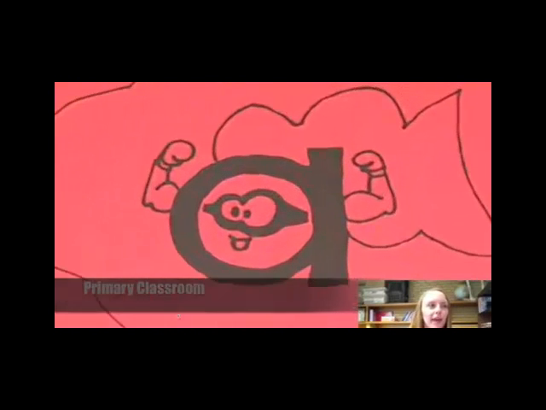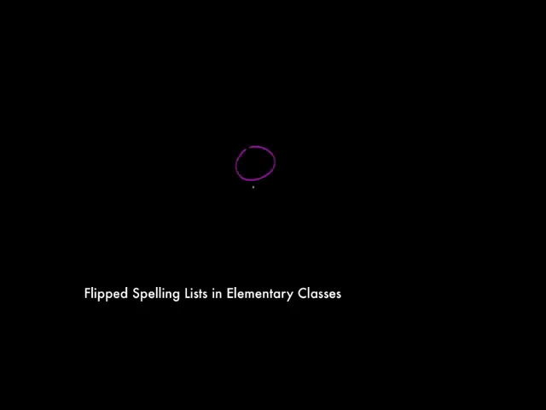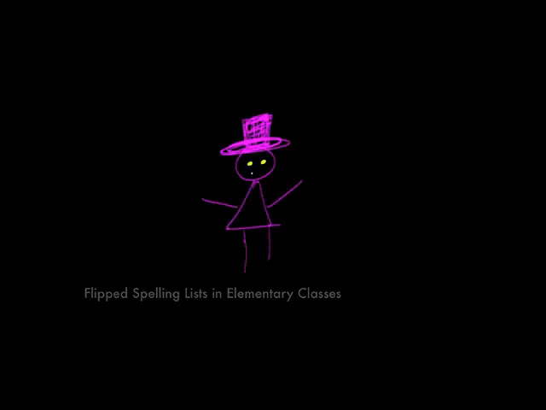When using his superpowers, the superhero A will say his name and put up his big muscle arms and say A. A. Number 13, hat. The girl wore a big hat.